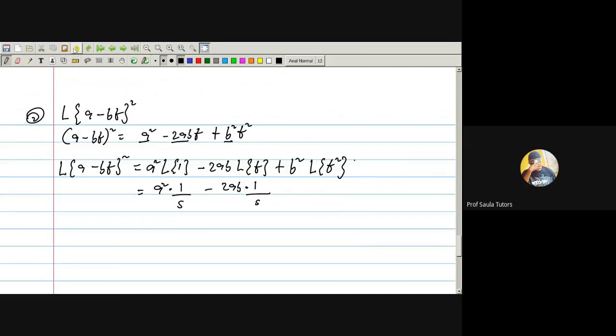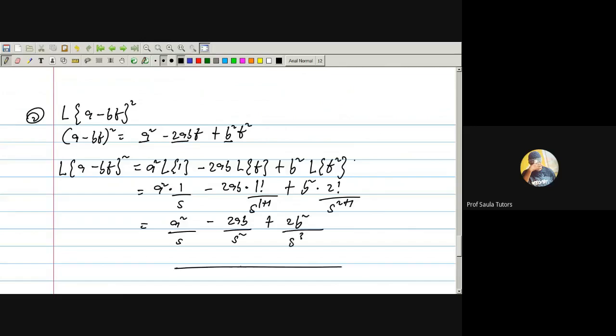Or you can decide to show the working if you wish. That's 1 factorial over s to the power 1 plus 1. Plus b squared times Laplace of t squared. Don't forget, that is 2 factorial over s to the power 2 plus 1. So what is my answer? a squared over s minus 2ab over s squared, plus 2b squared over s cubed.